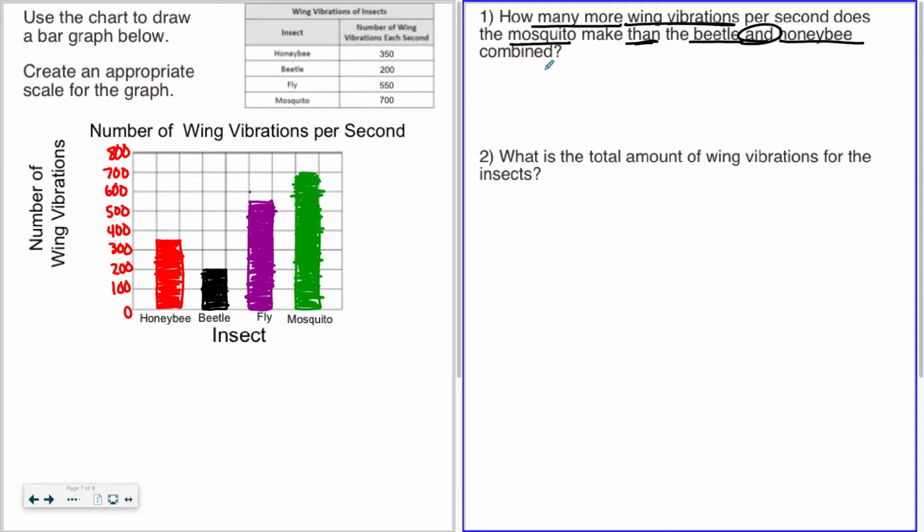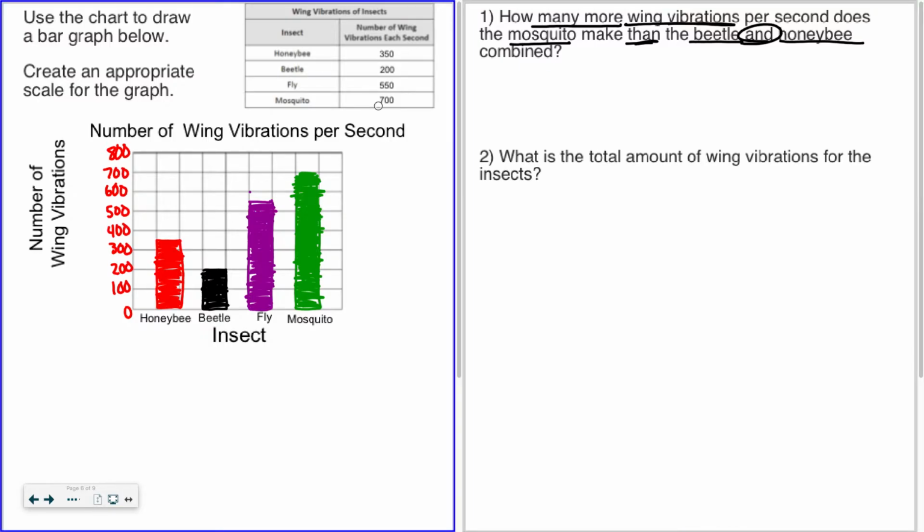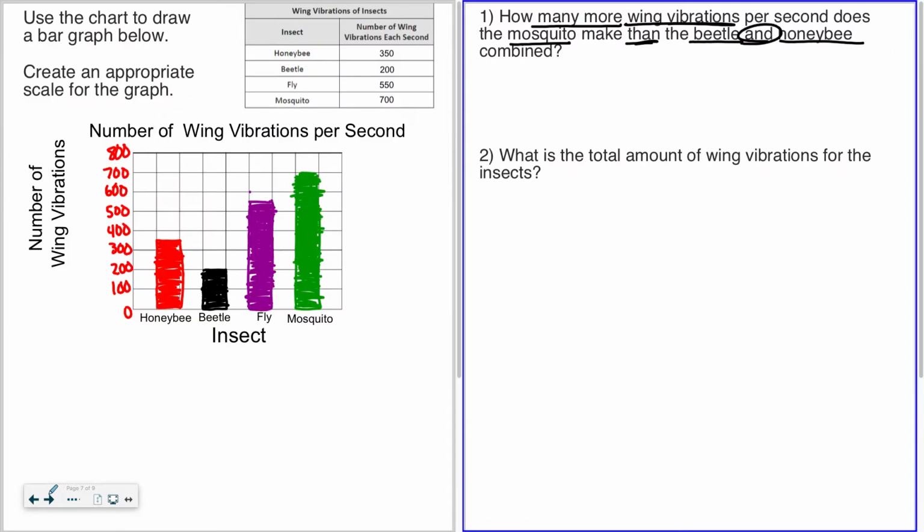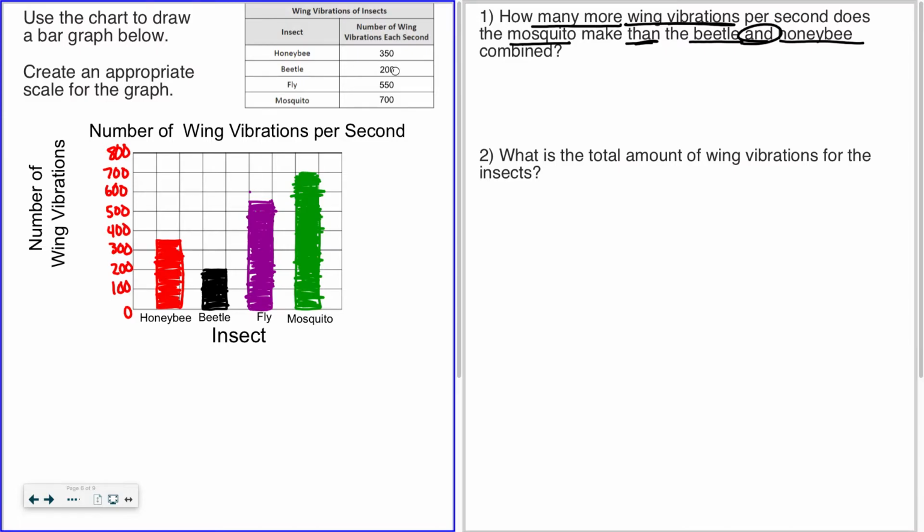So I need to look back at my chart. I know that the mosquito is 700 and I know that the beetle and honeybee are, sorry, I want to make it clear again. Beetle and honeybee are 350 and 200.